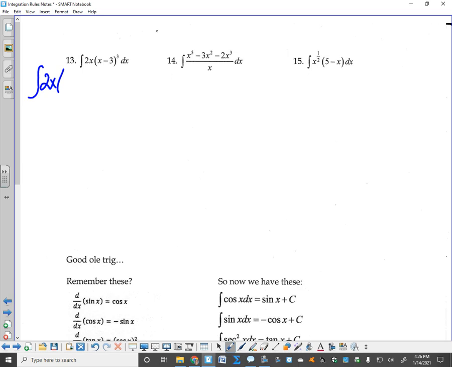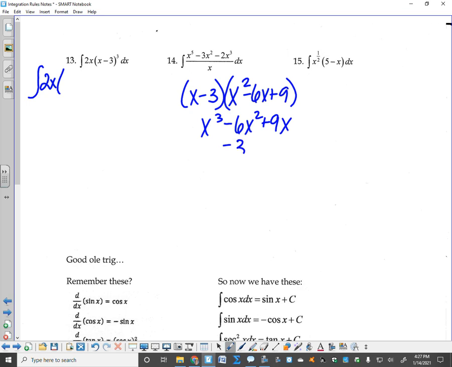So I have to clean. 2x times, oh gosh, that's cubed. All right, I'll come over here to the side. x squared minus 6x plus 9. There's two of them. Let me run with an x and run with a negative 3.